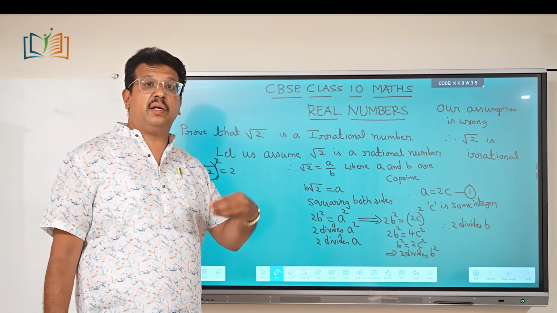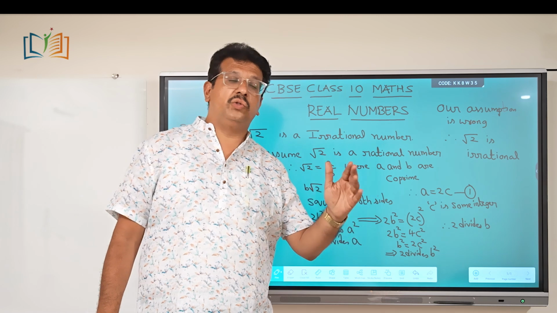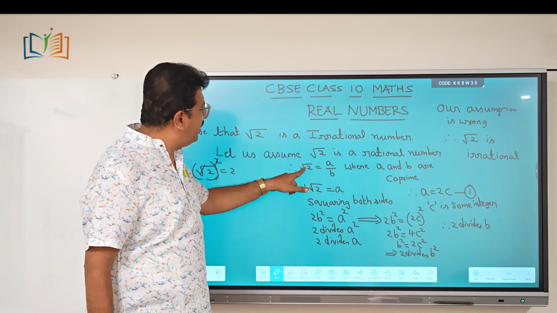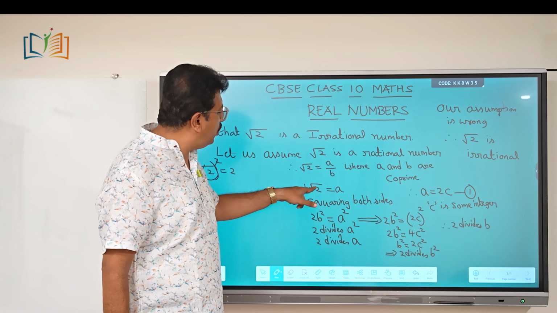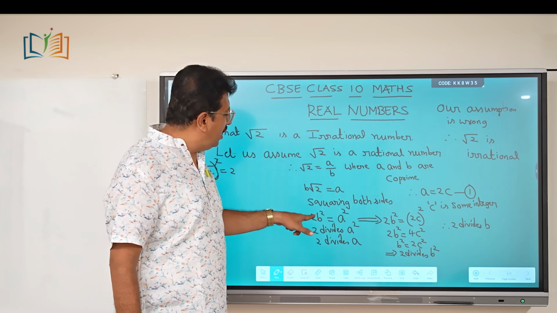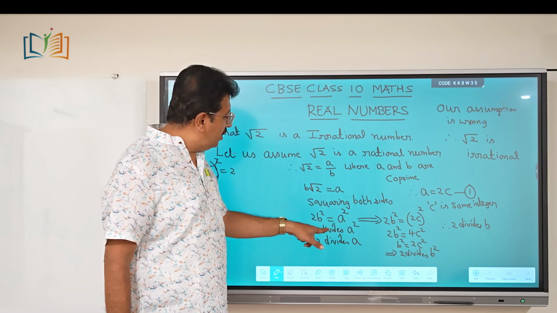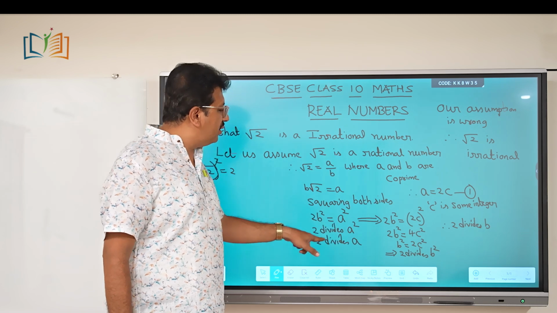This same concept applies for all the numbers, root 3. Instead of writing 2, you write 3 here, root 3 equal to a by b. Then when you cross multiply, it becomes b root 3. Then squaring on both sides, it becomes 3b square equal to a square. 3 divides a square, 3 divides a.